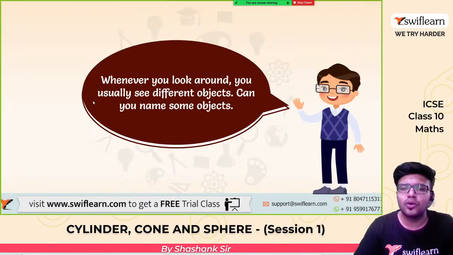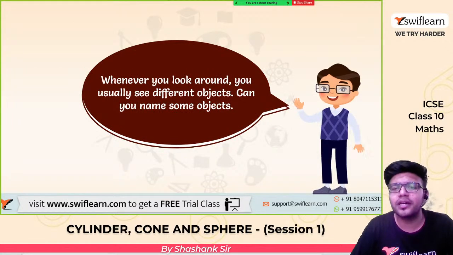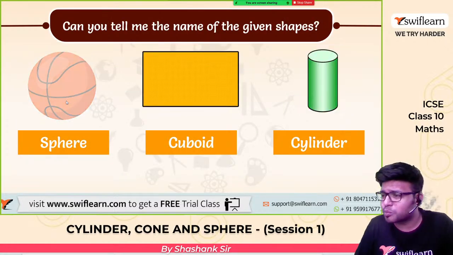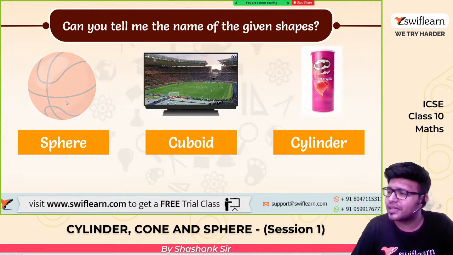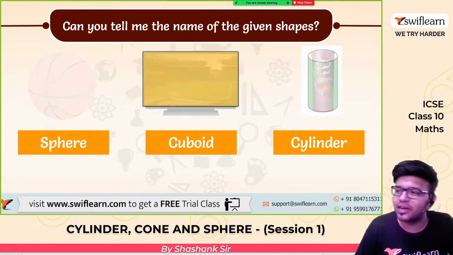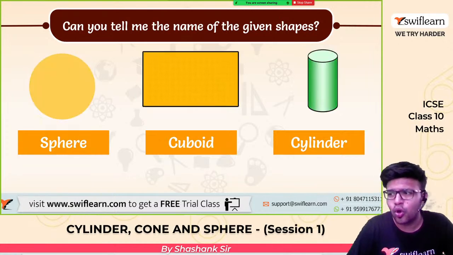Yes. So whenever you look around yourself, usually you see a lot of different objects. Can you name some of the objects? Yes. So if there is a ball around you, you can say it is a sphere. Okay. So if there is a mobile phone and if it is perfectly flat, like the older ones without the curved edges, then you can say it is a cuboid.